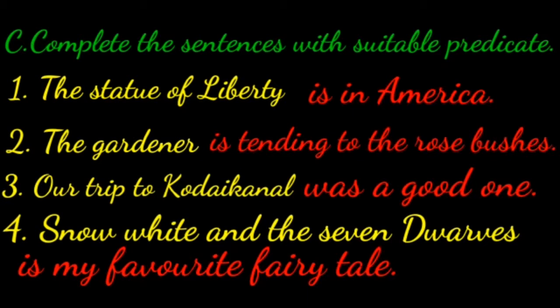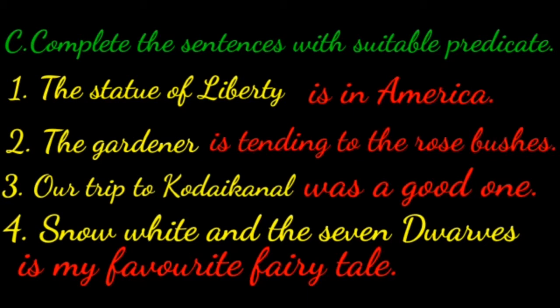Third one, our trip to Kodaikanal was a good one. I repeat, our trip to Kodaikanal was a good one. In this sentence, our trip to Kodaikanal is the subject, was a good one is the predicate. Now, fourth one.